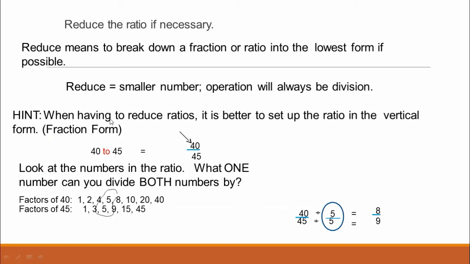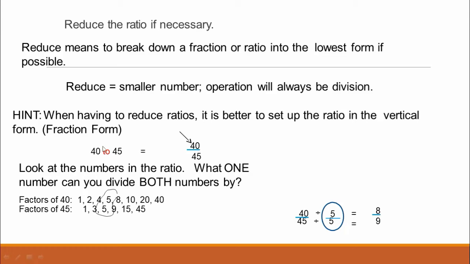When having to reduce ratios, it is better to set up the ratio in vertical form. First of all, write the ratio in vertical form and then simplify the ratio of the two quantities. Locate the numbers in this ratio: 40 to 45, meaning 40:45.